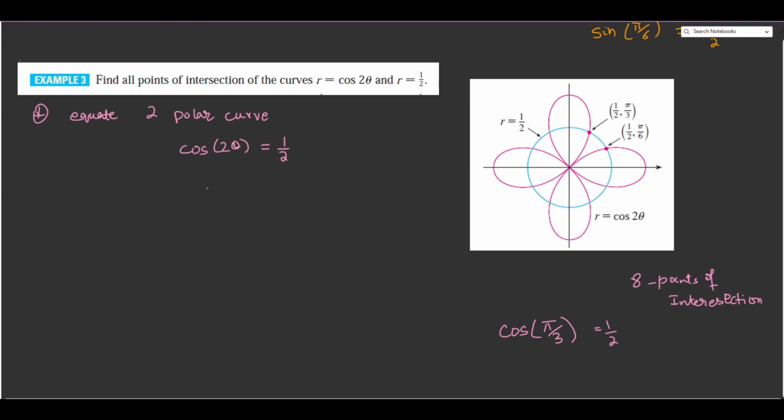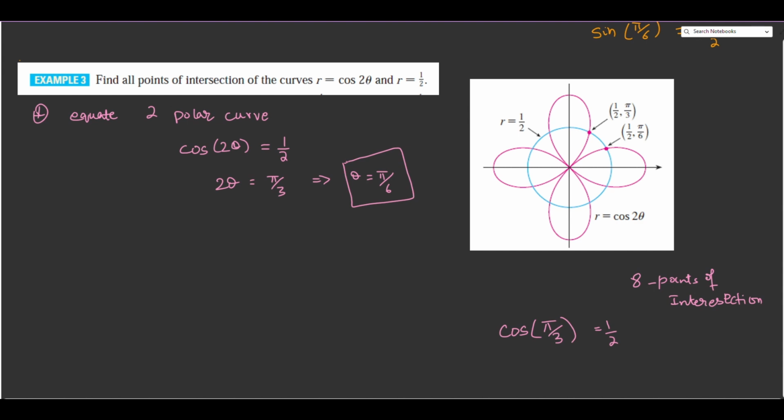So what do we get from here? 2 theta equals pi by 3, and that will give us theta equals pi by 6. This is our first angle. And what will be the second angle?